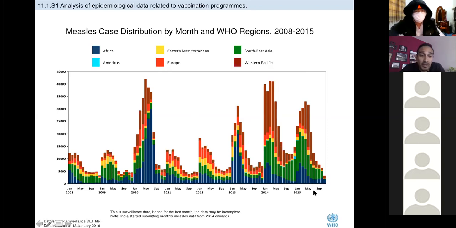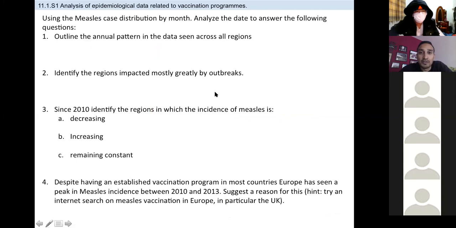This might be something you use if you wanted to do secondary research next year, when you have to pick your own individual investigation. So keep that in mind. There are lots of databases with lots and lots of data available to use. And using that graph, you might want to try this as a data analysis question.